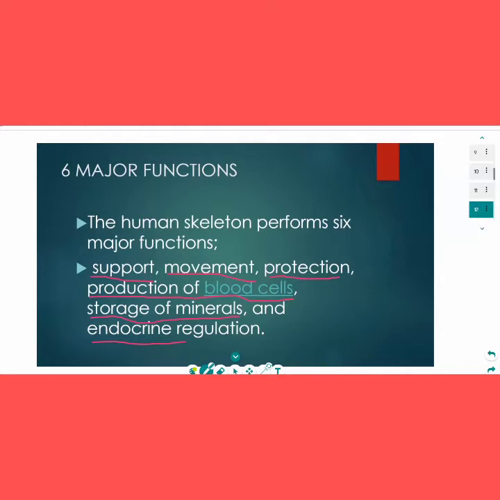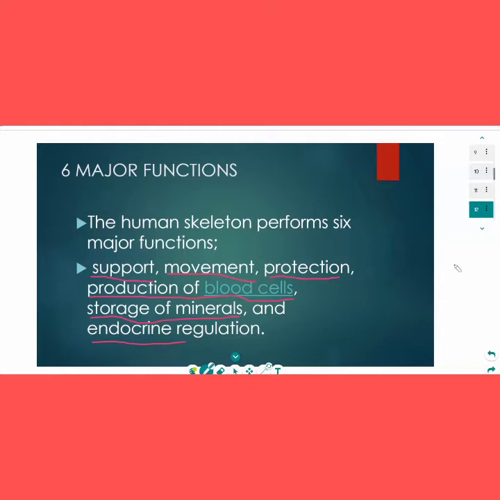By the support only, the bone moves, and it protects us. How does the bone protect us? It protects inside so it doesn't damage anything. Yeah, it protects our inside organs.